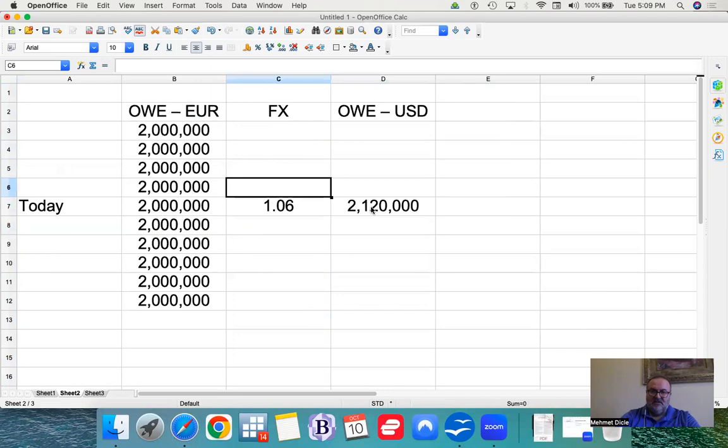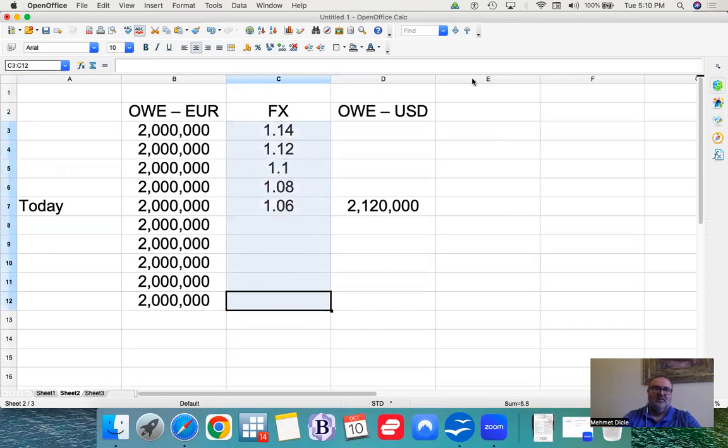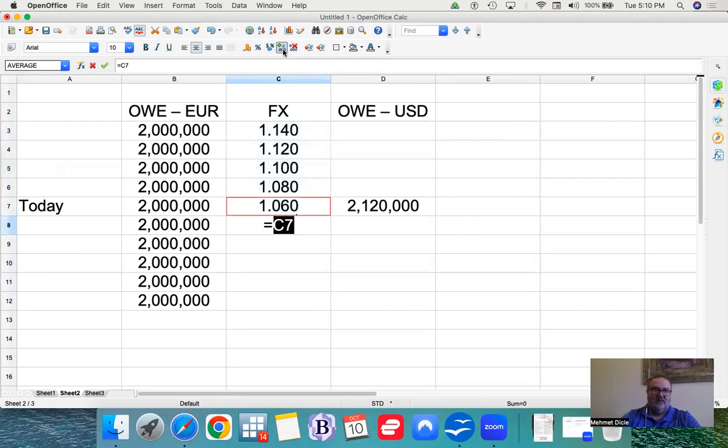Then let's go up about 2 basis points, like that, and then let's make them look a little bit nicer. And then let's go down 2 basis points, like that.